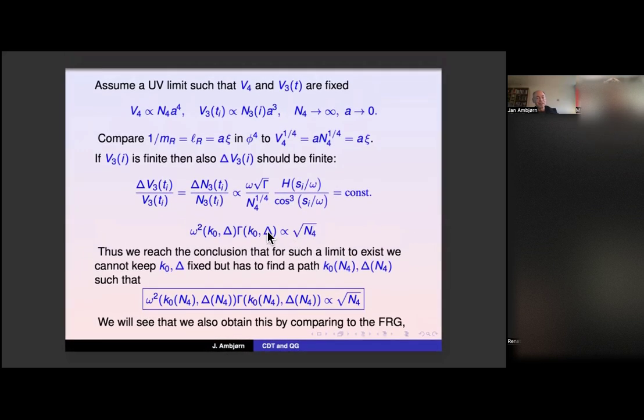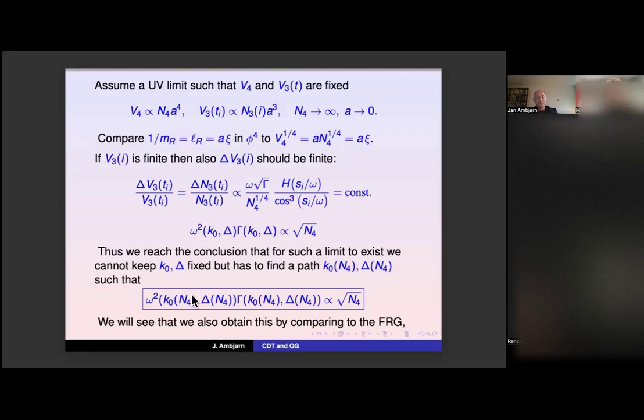So the only way to get this satisfied is to find such a limit, to change these bare coupling constants and find a path as a function of n4 such that this is satisfied. So that is where we were 10 years ago, and we tried to do that, and we have even written an article about it.